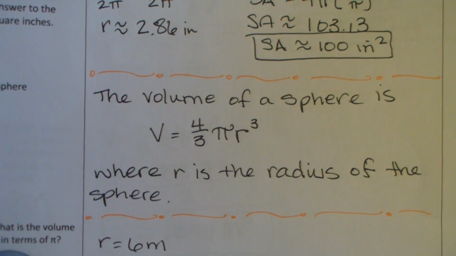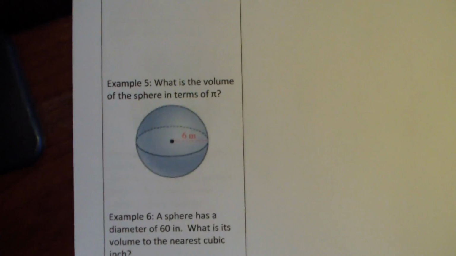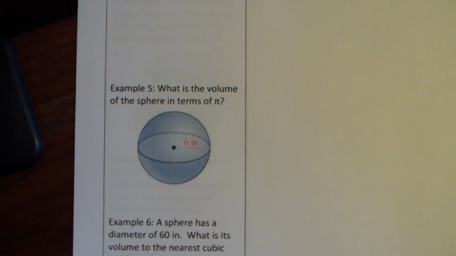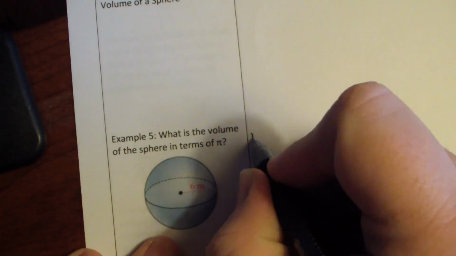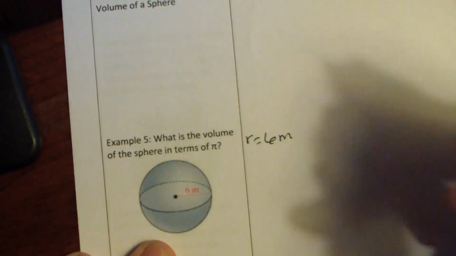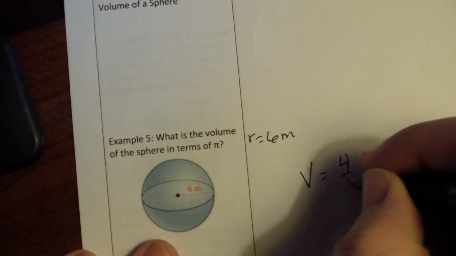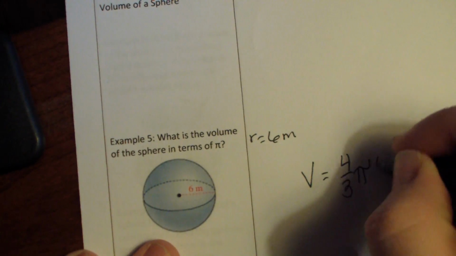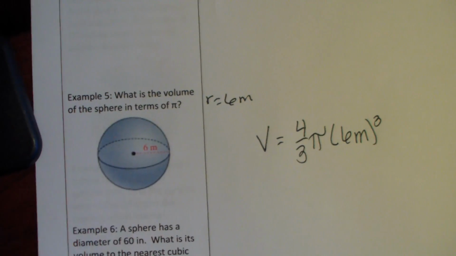Example 5. What is the volume of the sphere in terms of pi? So from our picture, we know our radius is 6 meters. Plug that into your formula. Volume is 4/3 pi r cubed, and r is 6 meters cubed.